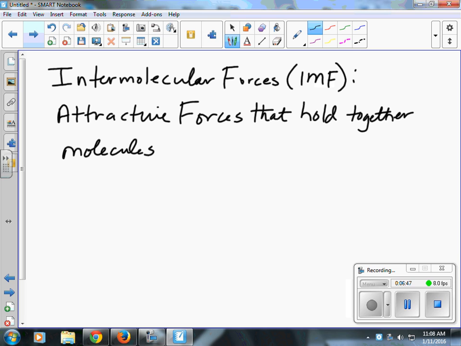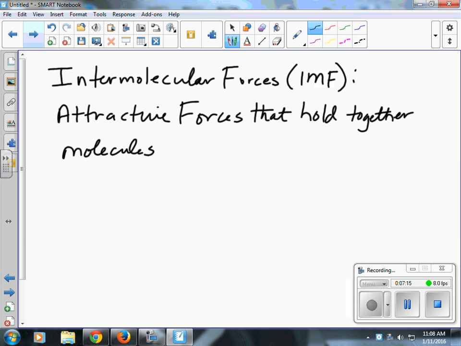molecules. Look at the periodic table, please. Do all elements form chemical bonds? No. Who doesn't? Helium. Noble gases.